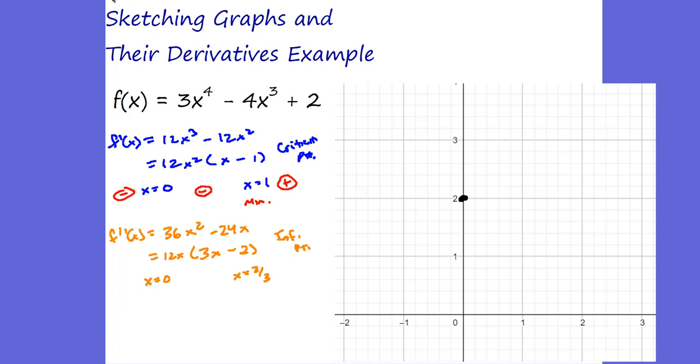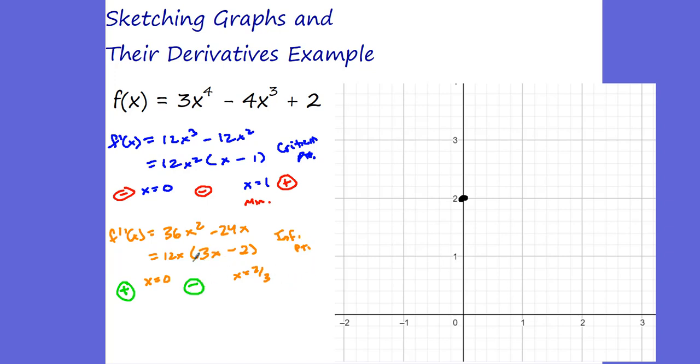But I've got to test this using my data. So let's put in a negative number. If I put a negative number in, I get a negative times a negative, which is a positive. I plug in a number like 1/2, and I get a positive here and a negative here. I get a negative.